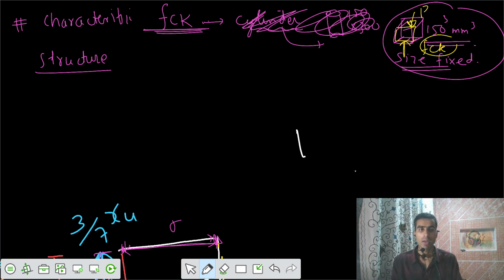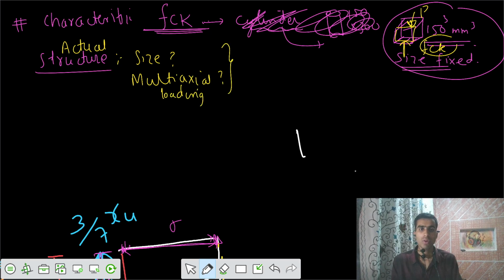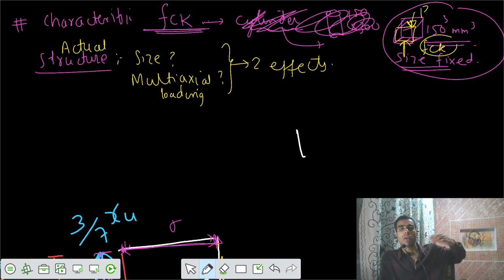But in the actual structure, there is some different size, and there is some multi-axial loading also. Because of these two effects, we have one more factor of safety here.